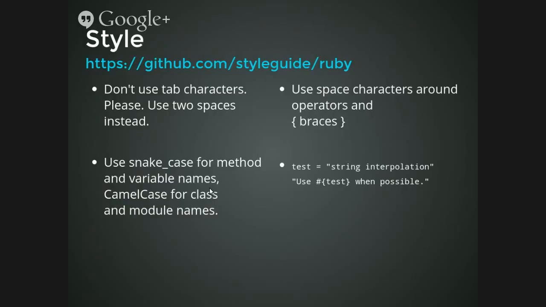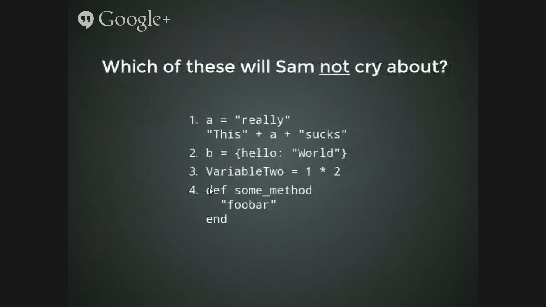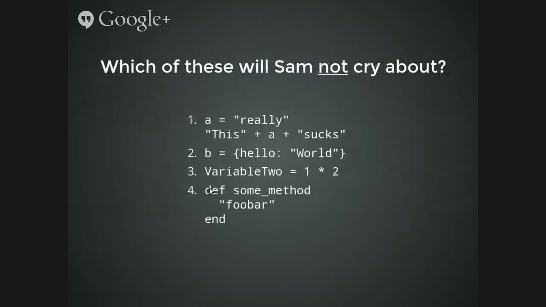Here I set a variable called test equal to some string, and then this string right here will evaluate to use string interpolation when possible. It's generally nicer to look at this than at use plus test plus when possible, as you would in Java or JavaScript. Cool. So kind of quick and easy. These are just little things. So which of these will I not cry about?